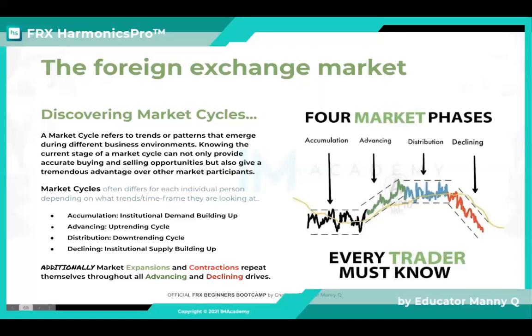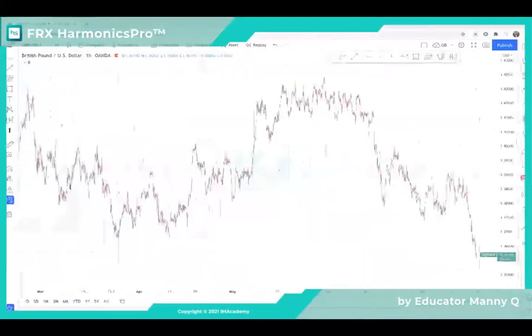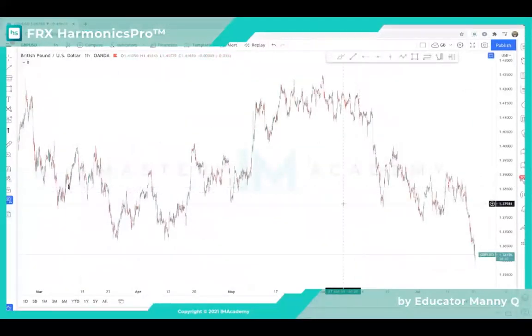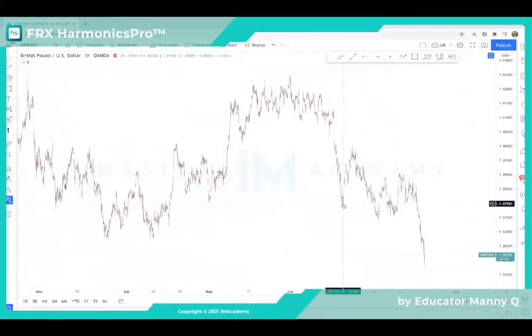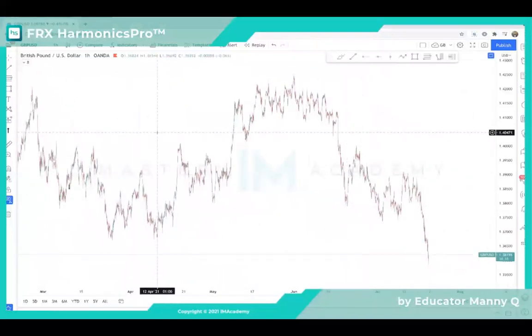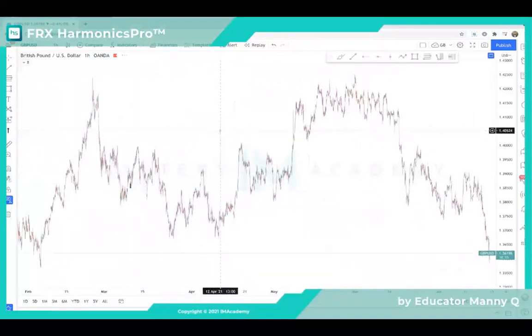Now, before we talk about expansions and contractions in the market, let's take a look at what the 4 market phases look like, and one little trick that can help you identify the market phases. So we're going to come right over here to GBP USD. We're going to look at the market right here.